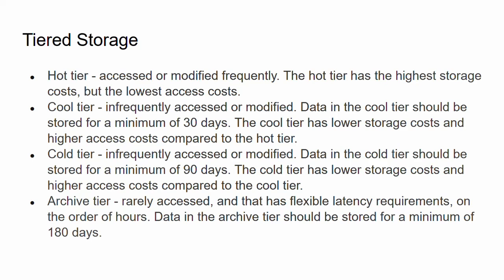Usually, in the first few days after it is generated, it will be in the hot tier and accessed frequently. But after a while, it will cool down. Eventually, after 1 year or so, depending on your particular data, it will become archive, and nobody is interested in it unless there's some auditing or something happens, right?